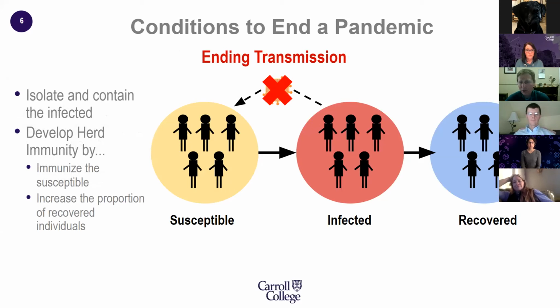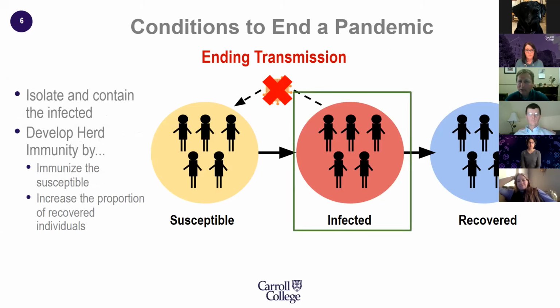In general, there are three main strategies. The first one is that we could try to survey, test, and detect infected individuals, isolate them, and therefore contain the infection in a small geographic region before the virus is able to be transmitted to larger susceptible populations.